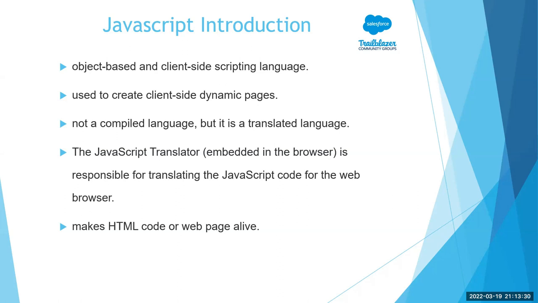You have to remember it's an object-based scripting language, and it is used to create dynamic pages, which means based on the response. Let's say you're browsing in some online purchasing application like Flipkart or Amazon. You're searching for some mobile, let's say, and you're applying some filter.